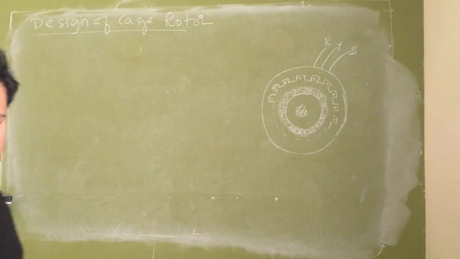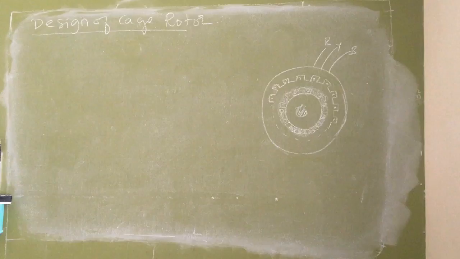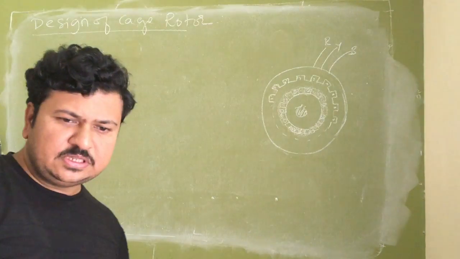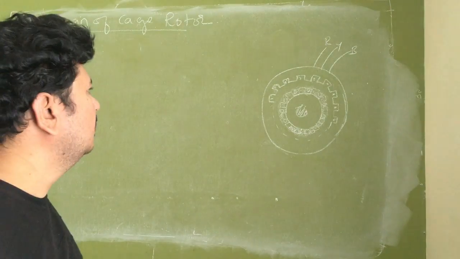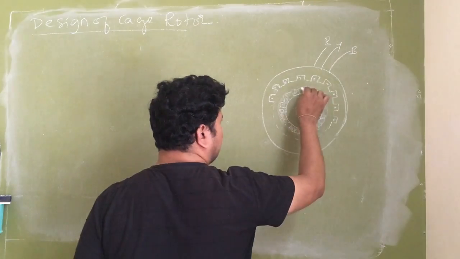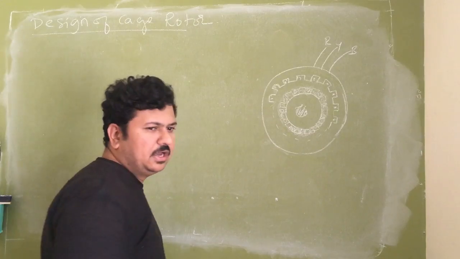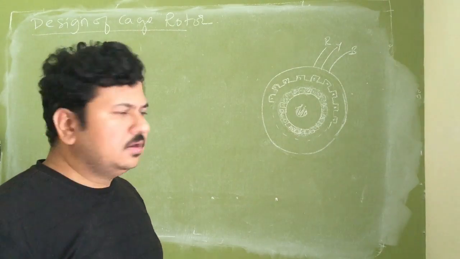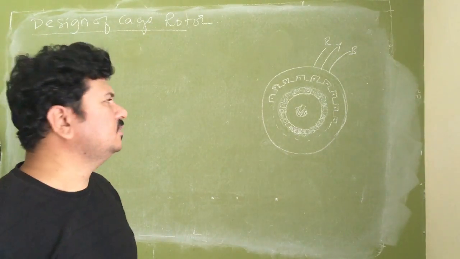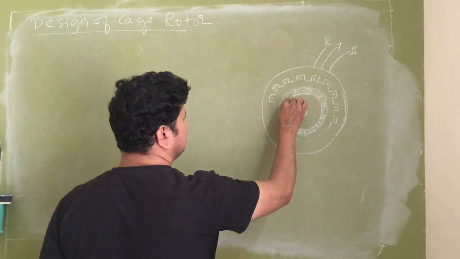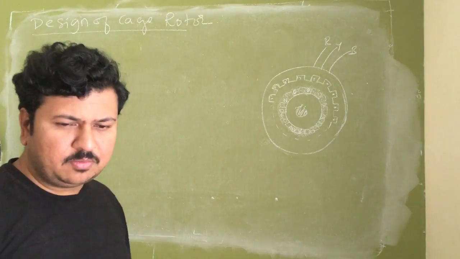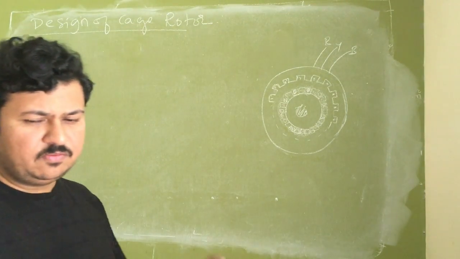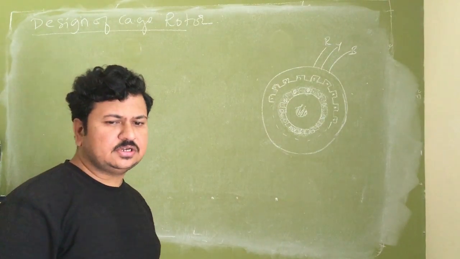To this I provide three-phase supply. The moment I provide three-phase supply, a three-phase rotating magnetic field is produced in the air gap. That rotating magnetic field in the air gap gets linked to the rotor bars, which are short circuited on themselves at the end rings. We are brazing these end rings with the rotor bars, therefore it forms a complete short circuit structure.